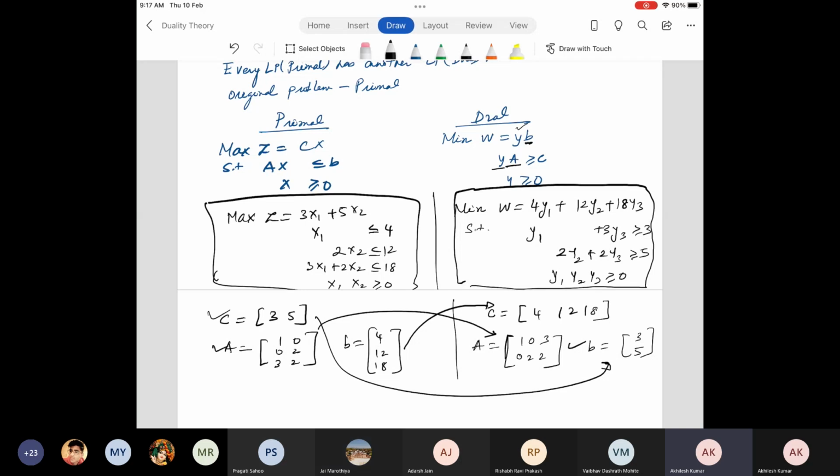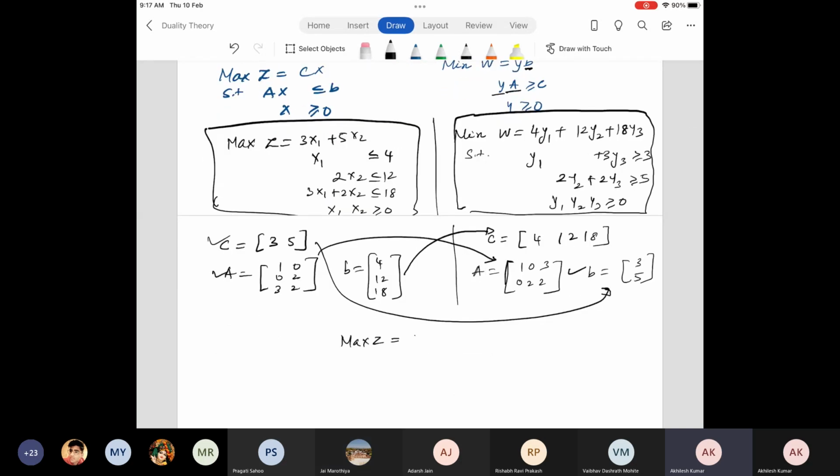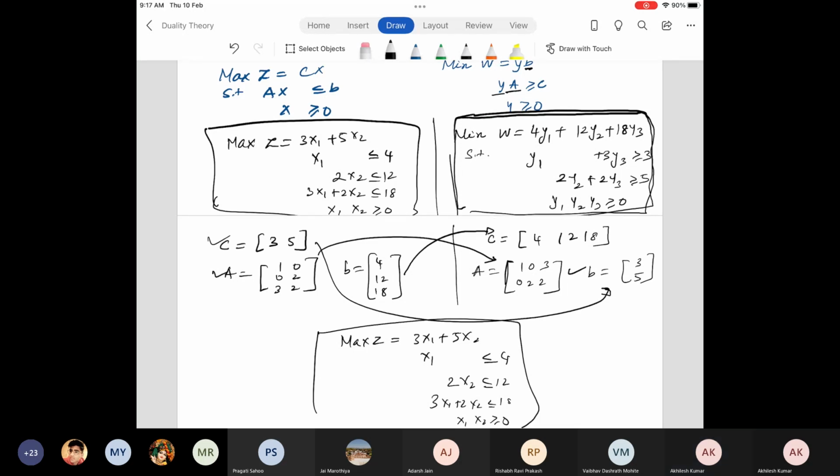Actually, if I give you a formulation, suppose I gave you: maximize G equals 3x1 plus 5x2, x1 is less than or equal to 4, 2x2 is less than or equal to 12, 3x1 plus 2x2 is less than or equal to 18, x1, x2 nonnegative. We call it a primal problem, right? But suppose I gave someone the other problem. For him, that will be the primal problem, since whatever formulation I have initially is my primal problem.